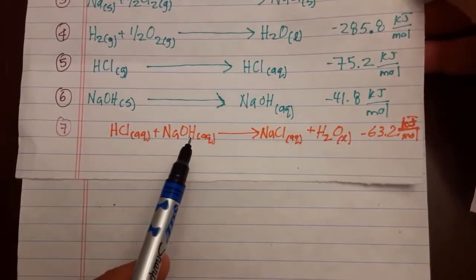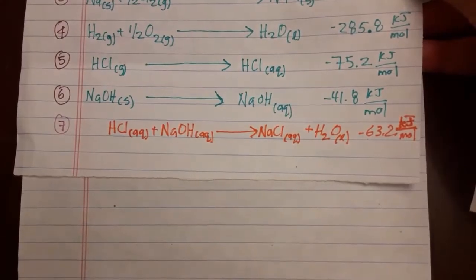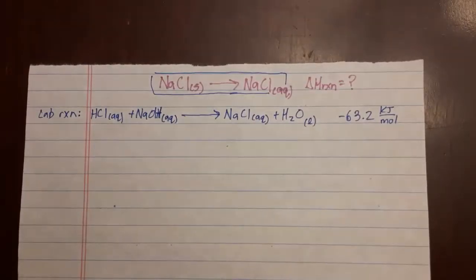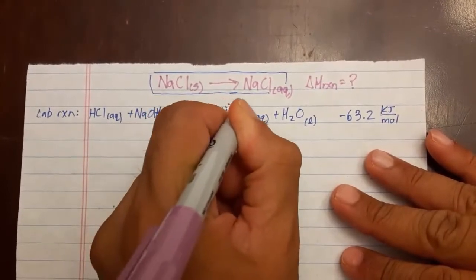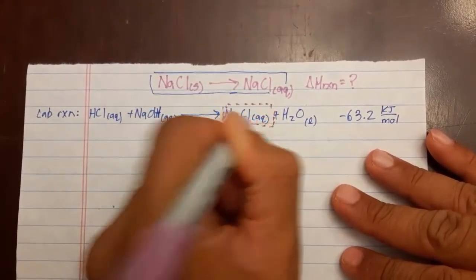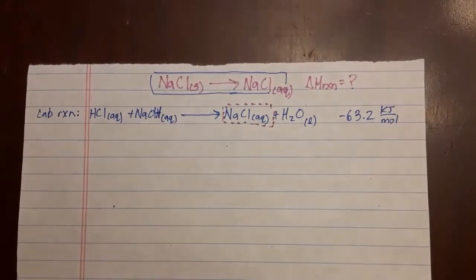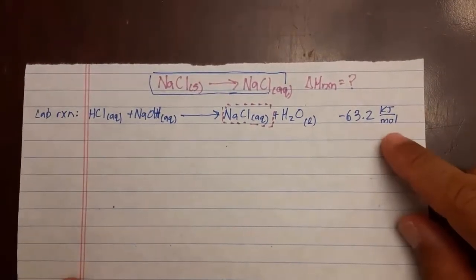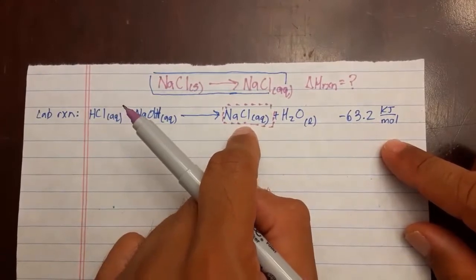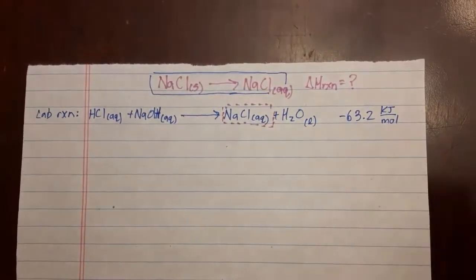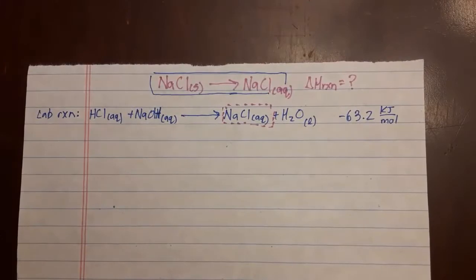So let's write our neutralization reaction here along with the corresponding enthalpy. Once again, I chose the reaction between HCl and NaOH, our first reaction in the lab, because the NaCl aqueous is on the product side.